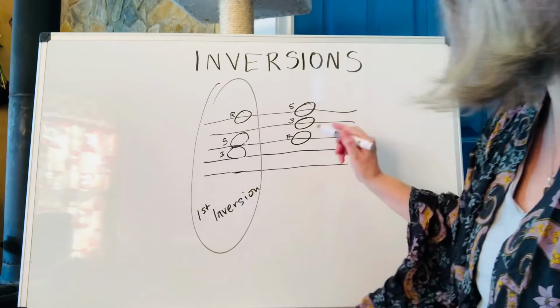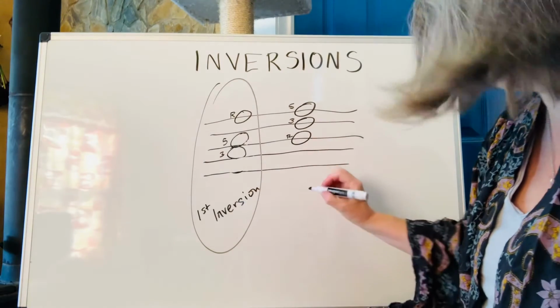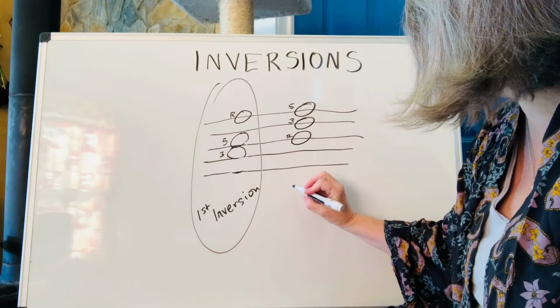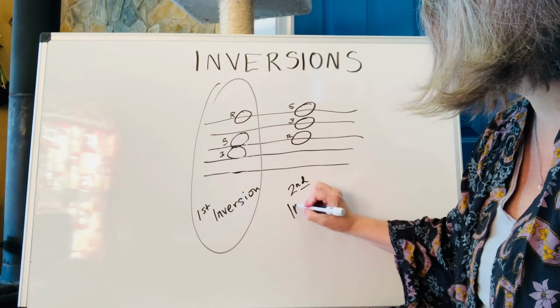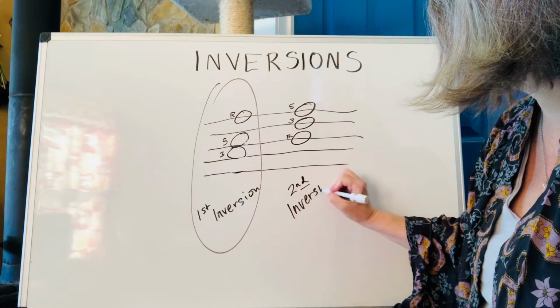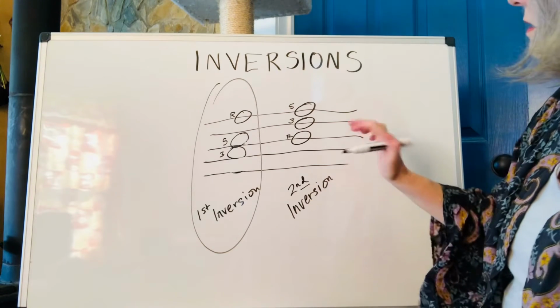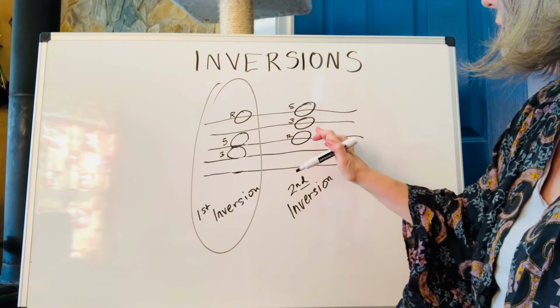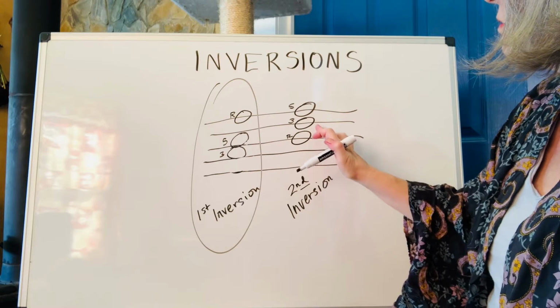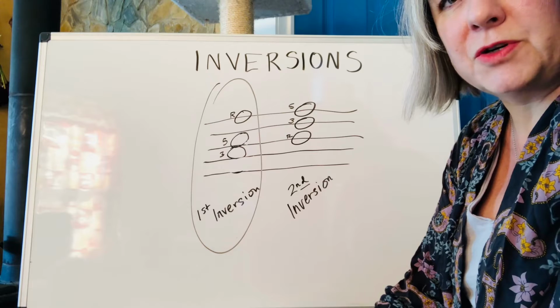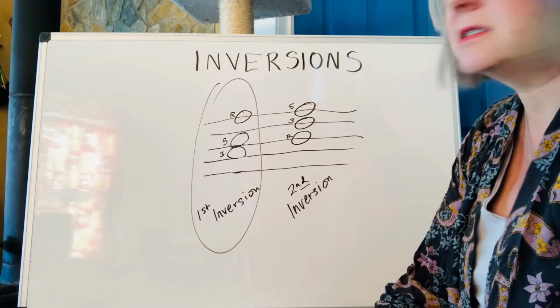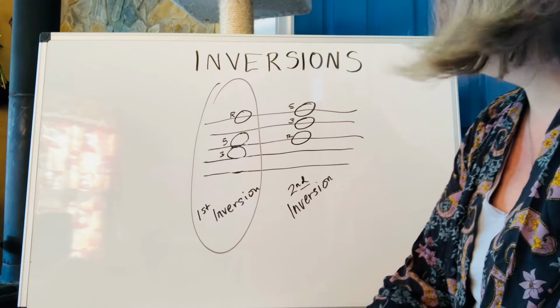All right, so let's take this one and put it in the second inversion. We need to put both of these on the top. We need to invert both of those lower ones and put them on the top.